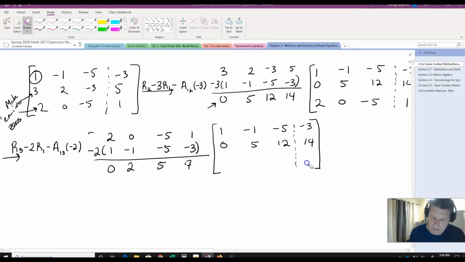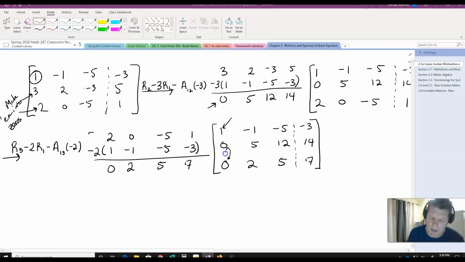The new row is row 3. Okay. Now, I'll notice that I have a leading 1 and then zeros everywhere below it. That's great. And since there's nothing above it, I don't have to worry about it being above.